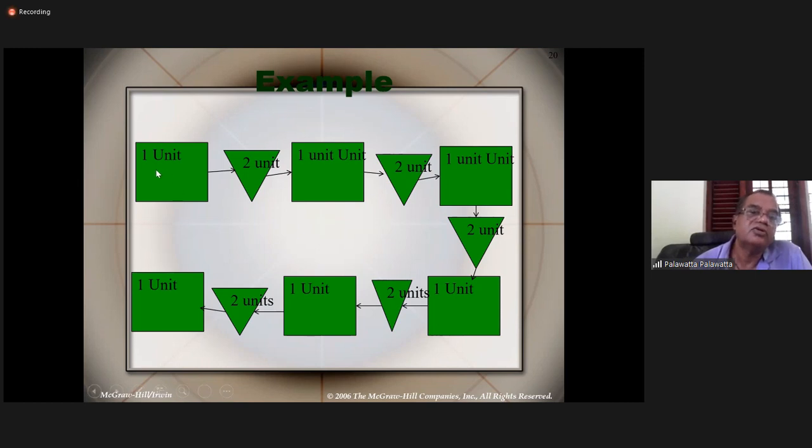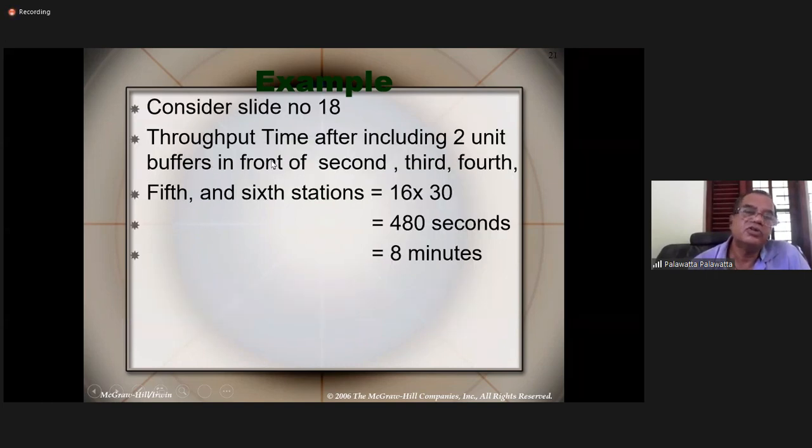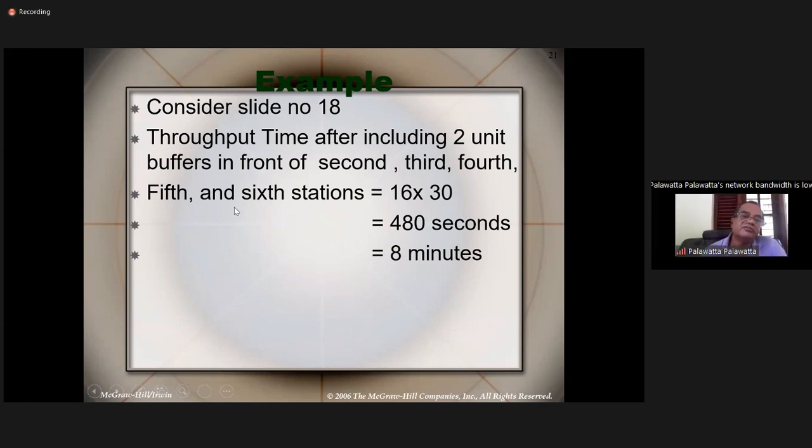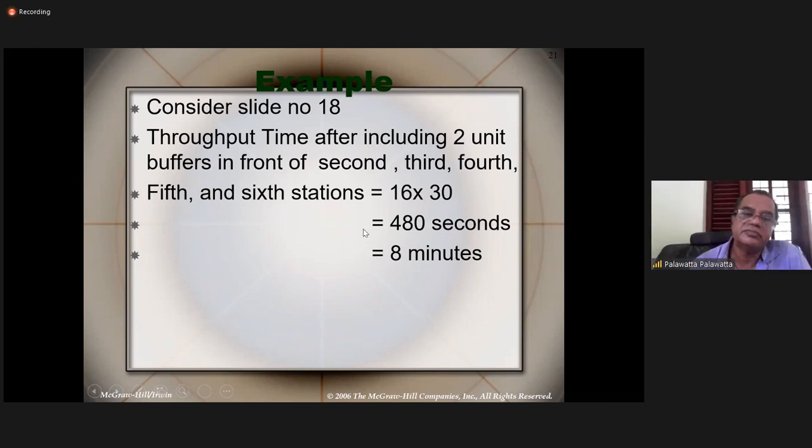The units go 1, 3, 4, 6, 7, 9, 10, 12, 13, 15, 16. So the throughput time after including a 2 unit buffer in front of the second, third, fourth, fifth, and sixth stations is 16 times 30. So it's 480 seconds, that is 8 minutes.